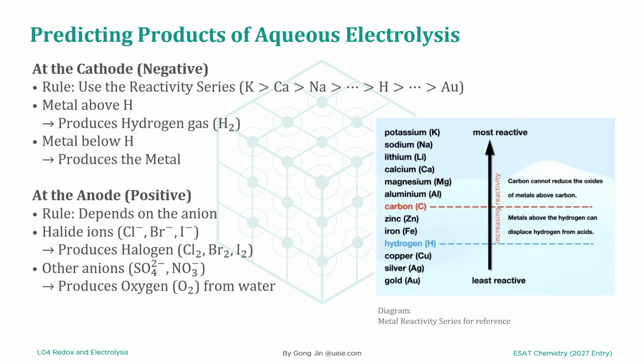At the anode, it depends on the ions. If we have halide ions, like chloride, bromide, iodide, we get the halogen gas. For almost any other ions, like sulfate or nitrate, we get oxygen gas from the water's hydroxide ions. These rules will help you predict the products for almost any aqueous solution.